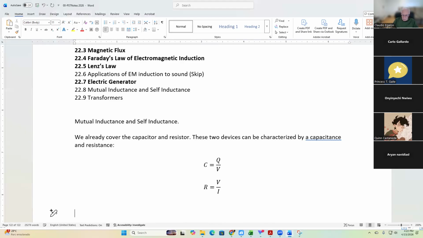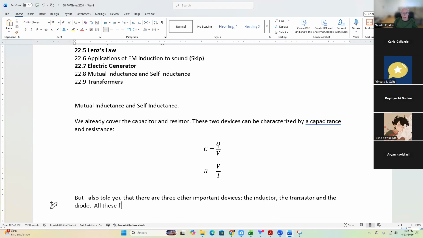But I also told you that there are three other important devices, right? The inductor, the transistor, and the diode.